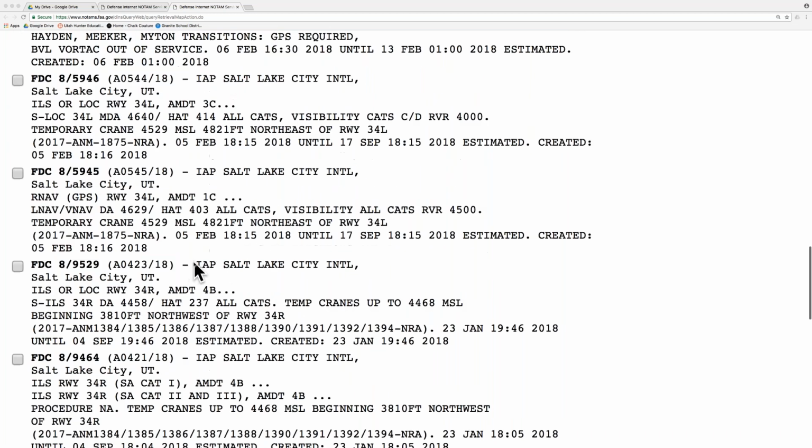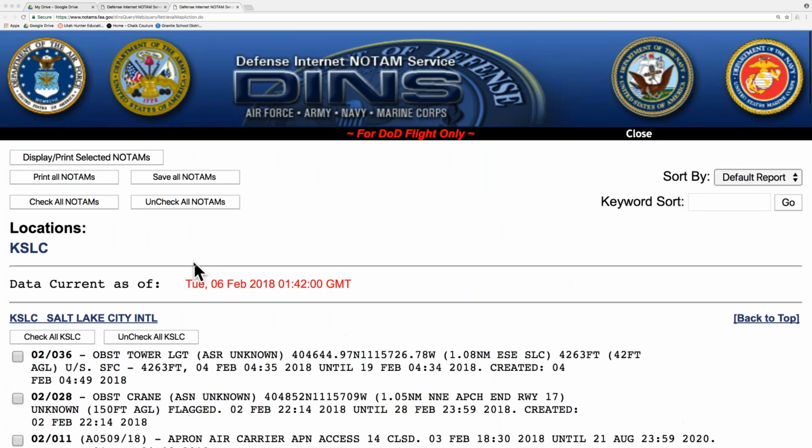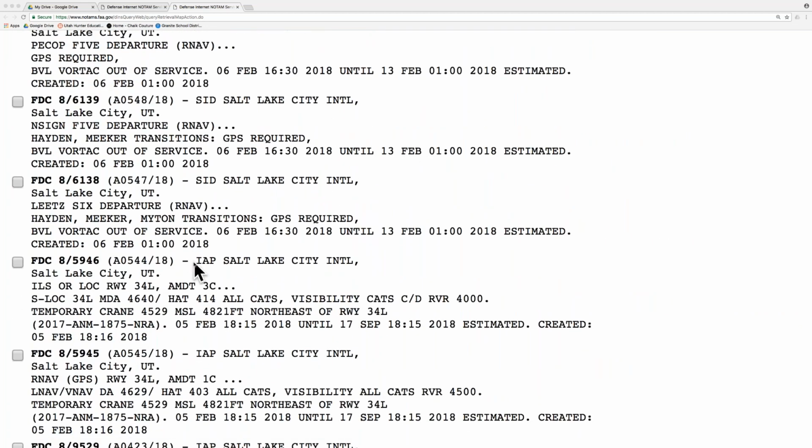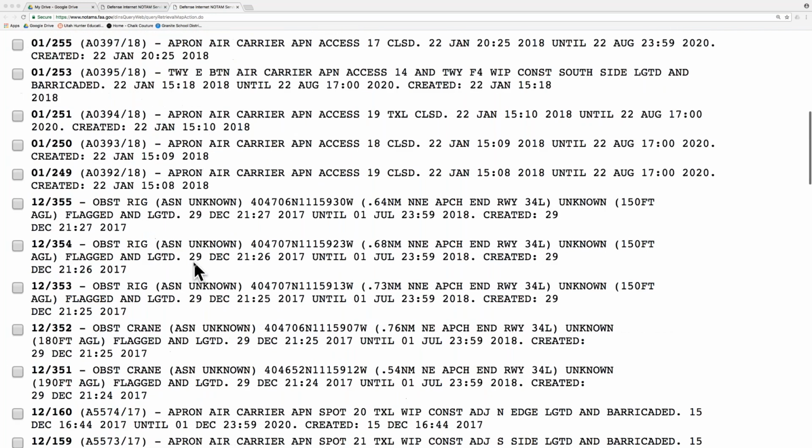Perfect. Your FDC NOTAMs notify you of anything that pertains to your navigation coming into the airport, more specifically the routes, so in and out, I guess you'd say.